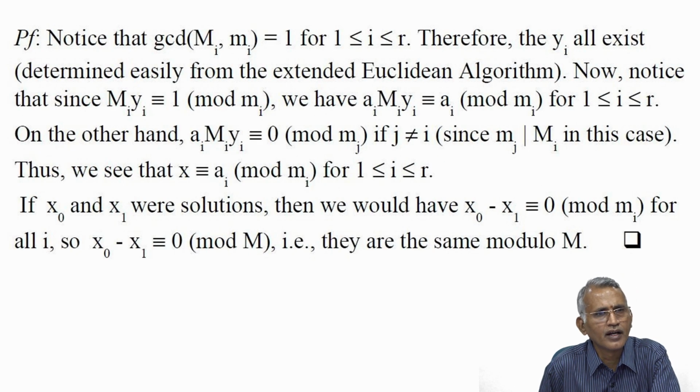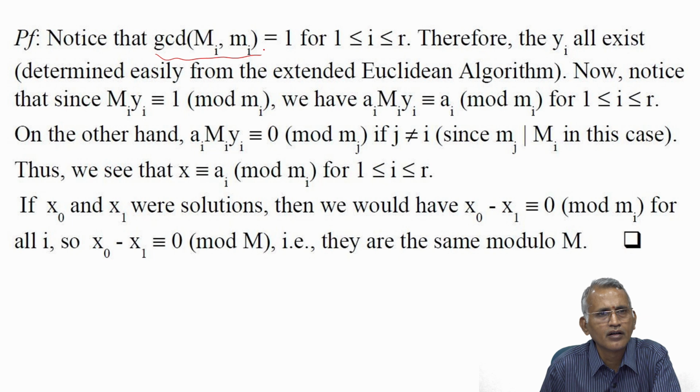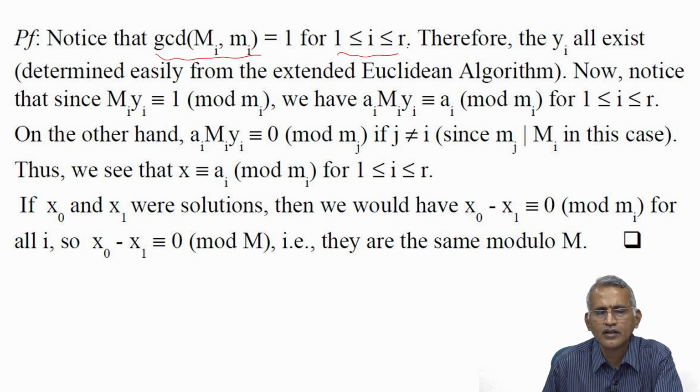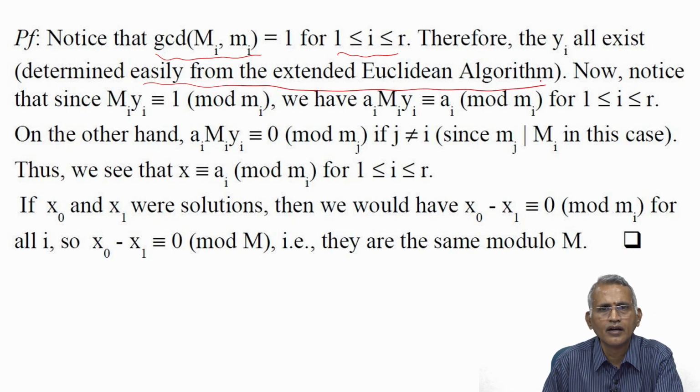The proof is very simple. We can notice that the GCD of Mi and mi is 1, that is, relatively prime to one another for 1 less than or equal to i less than or equal to r. Therefore, the yi can all be determined easily from the extended Euclidean algorithm. We have done it already, refer to it.